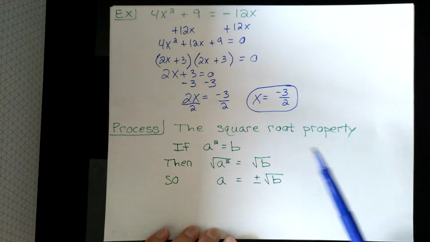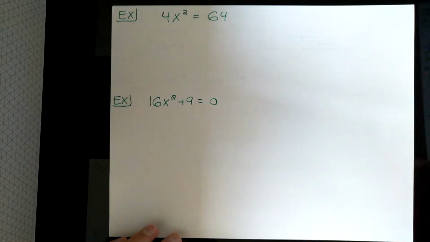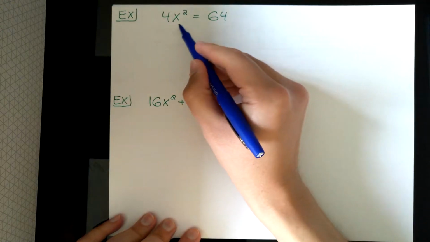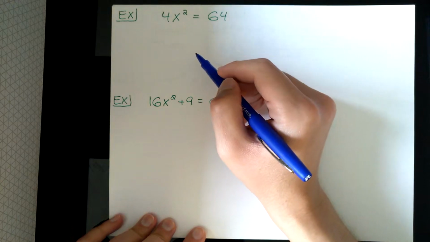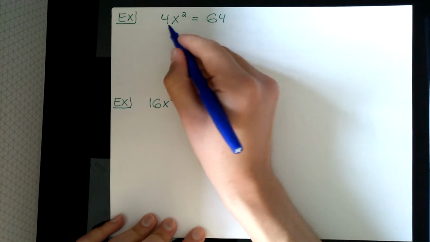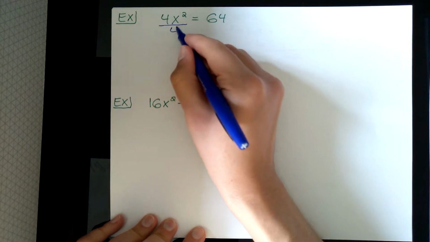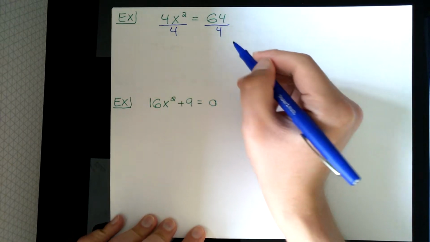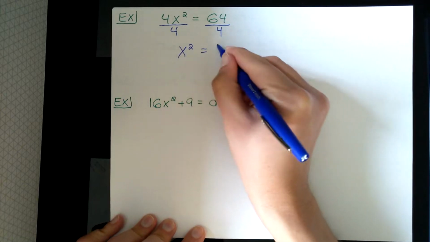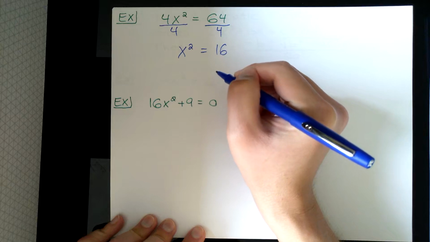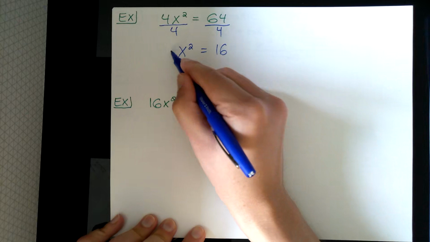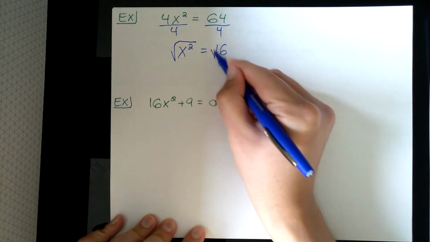All right, so if we apply this to some problems, we have 4x squared equals 64, and we want to solve this using the square root property. Well, the first thing we're going to do is get x squared alone by dividing each side by 4, which leaves us with x squared equals 16. And from here, to get x alone, we apply the square root property.